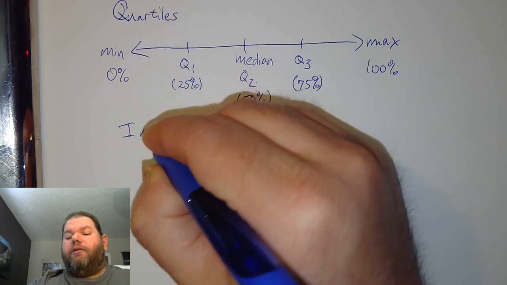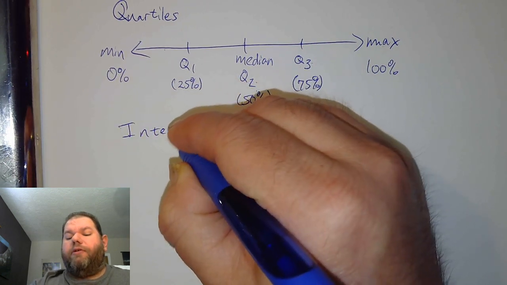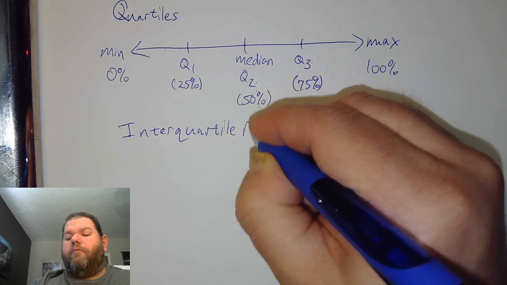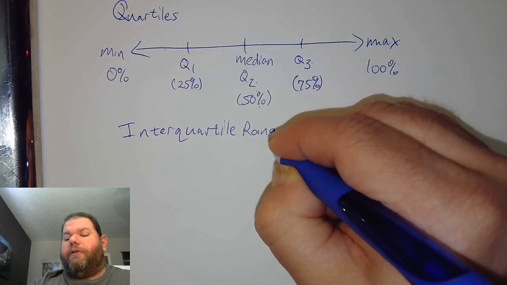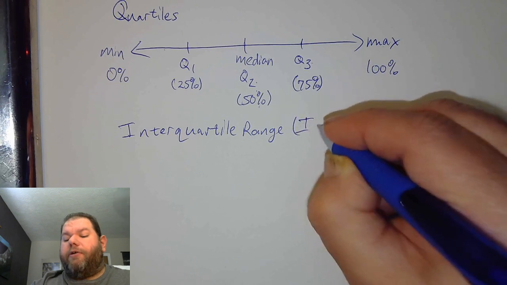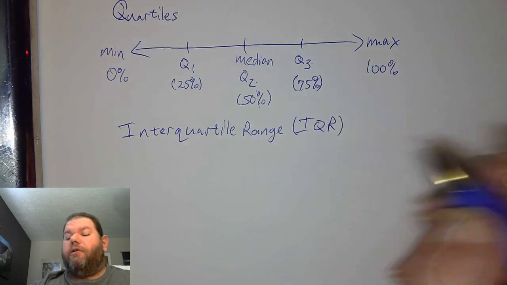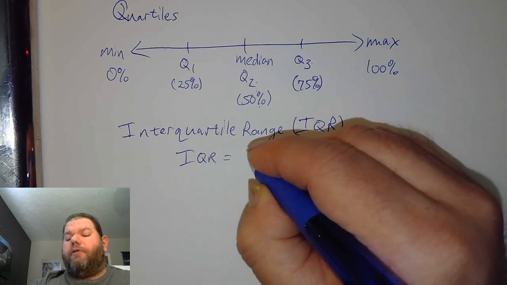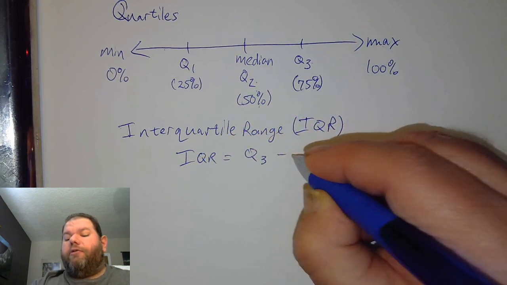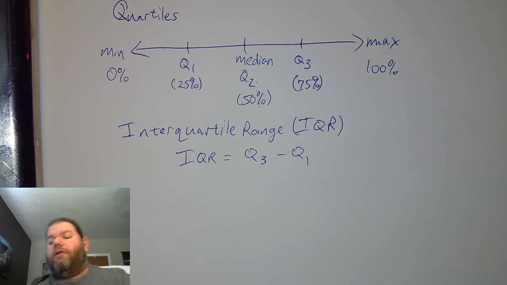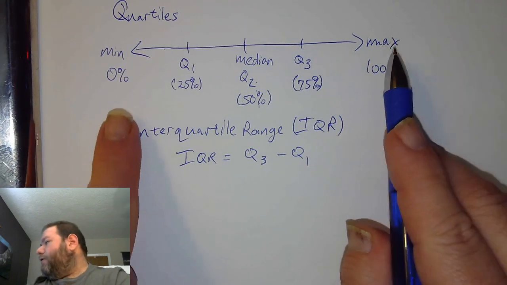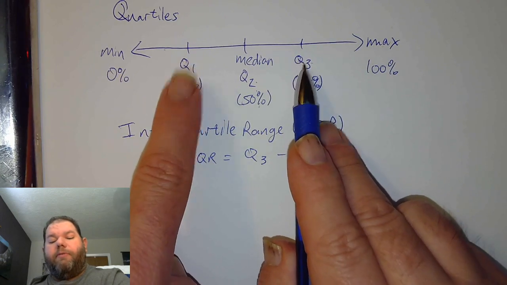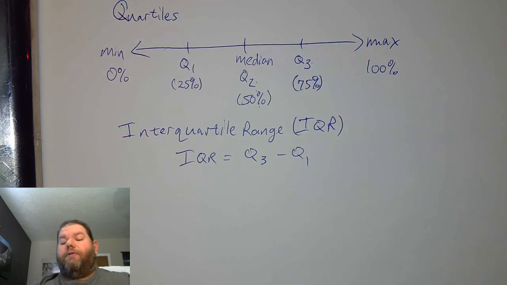So we define our interquartile range, which let's abbreviate as IQR. IQR is equal to the difference between Q3 and Q1. So instead of looking from max to min as the range, we're going to look from Q1 to Q3 as the interquartile range.